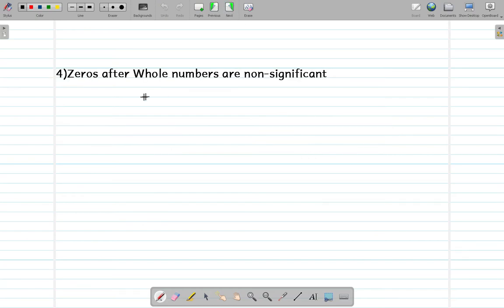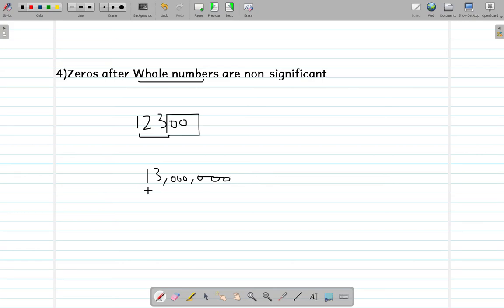Moving on to our next rule, which says that zeros after whole numbers are non-significant. Whole numbers are all non-zero numbers. For example, 12,300, that's a whole number, and what it says is that after these three whole numbers, the zeros after that are non-significant. Let's consider something like 13 million. Alright, I'm writing 13 million over here.